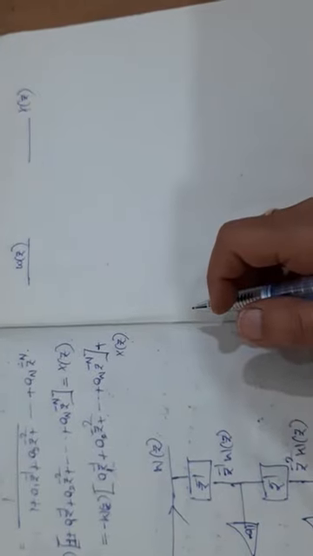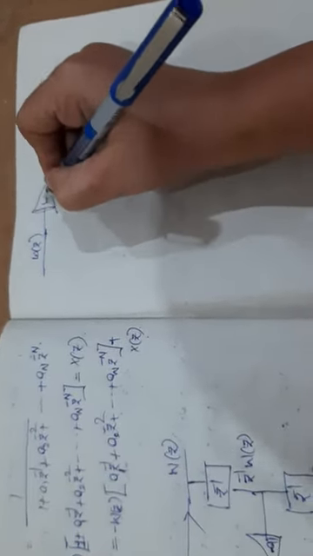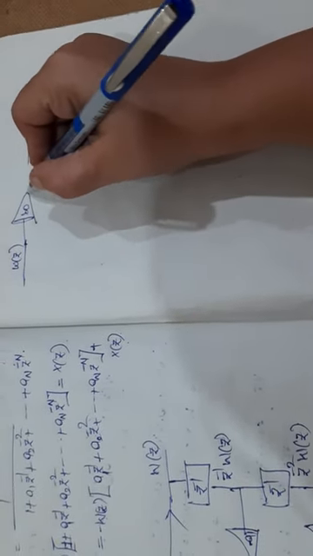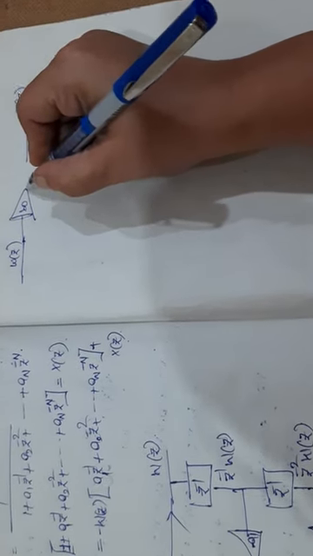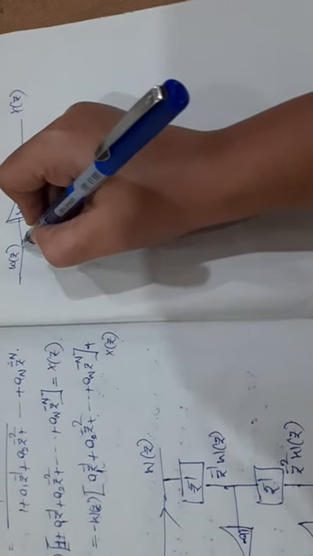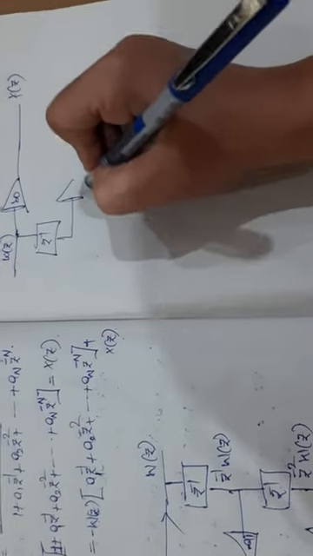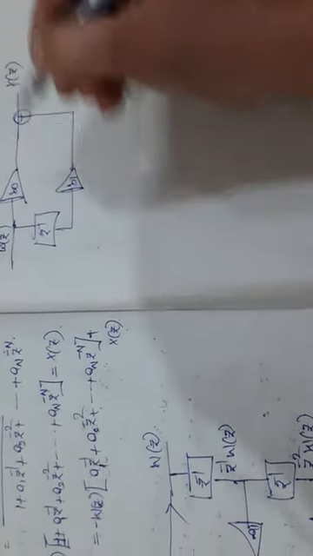So here W(z) is multiplied with b0. Next, W(z) is delayed and that is multiplied with b1 and that is added.